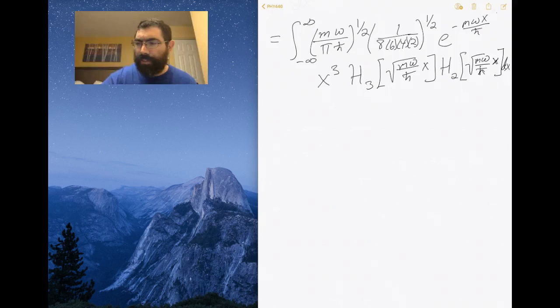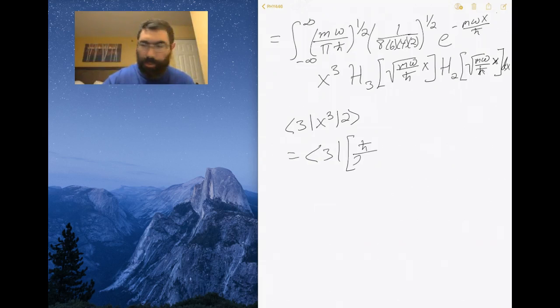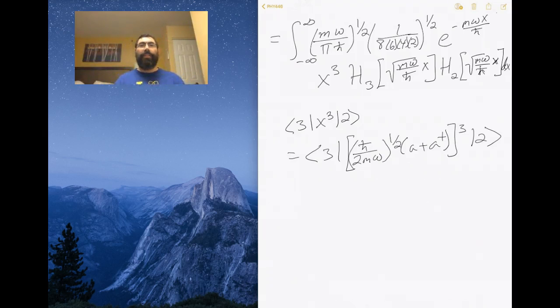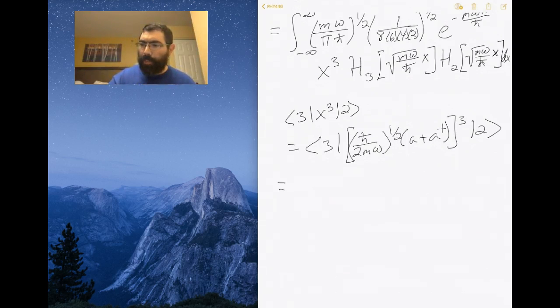Okay, so the raising and lowering operators, that would be the square root of h bar over 2m omega, a plus a dagger, the whole thing cubed, operating on the state n equals 2. Let's pull the non-operators out front.